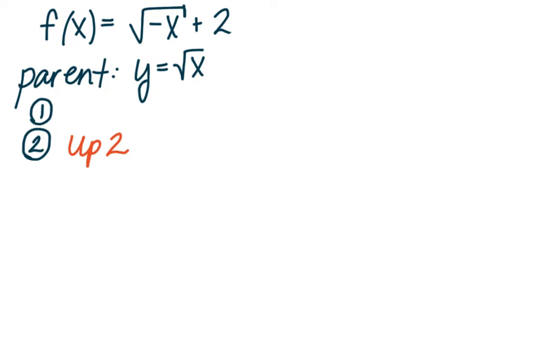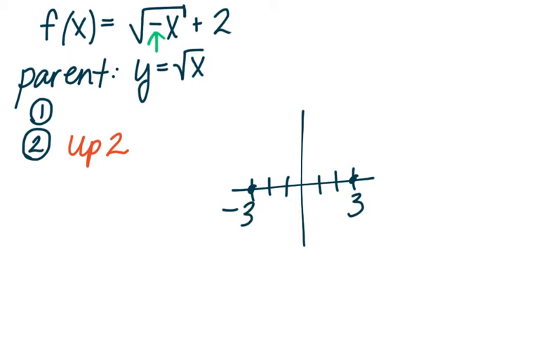Now we want to take a look at the negative that's inside of the square root. We have a negative 1 basically that's being multiplied by x. So the negative is inside of our parent function. We're impacting the x values by multiplying x by negative 1. Think about an x value of, let's say, positive 3. If we multiply that by a negative, the opposite of 3, that would give us negative 3.